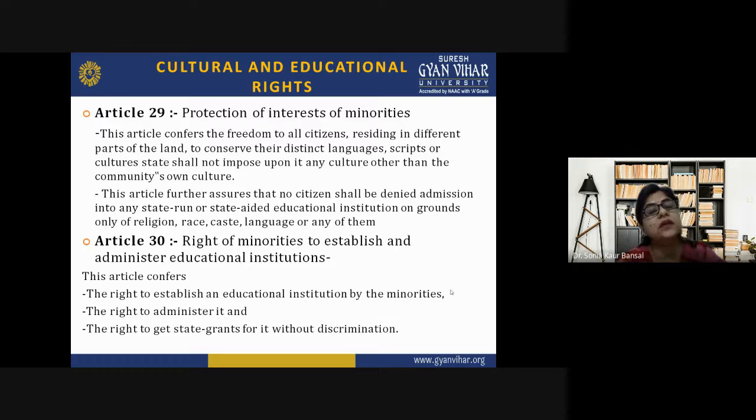This article confers the right to establish an educational institution by the minorities, the right to administer it, and the right to get state grants for it without discrimination. So Articles 29 and 30 are about the cultural and educational rights of minorities.